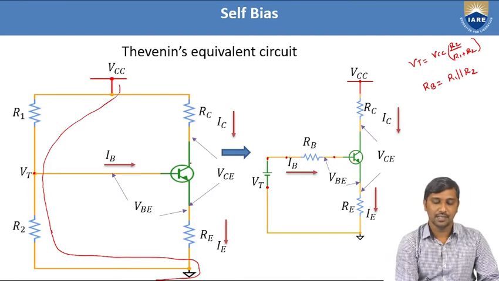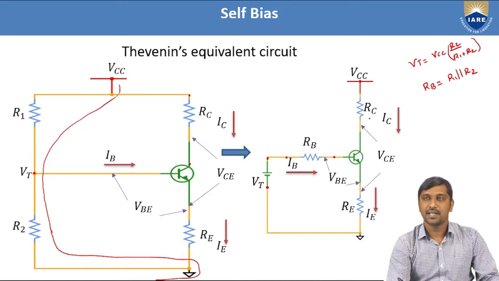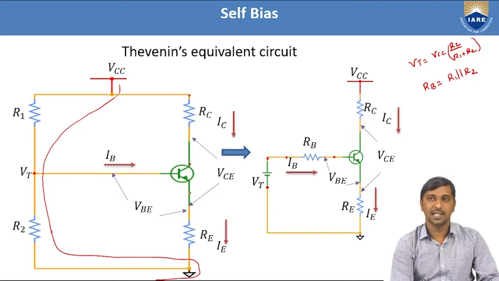Now coming to the collector side, the collector is biased with a collector resistance RC and a VCC source. Similarly, at the emitter side, the emitter is biased with a lower potential, means it is grounded, with the biasing resistance RE.